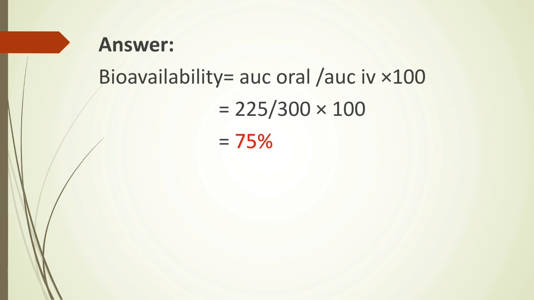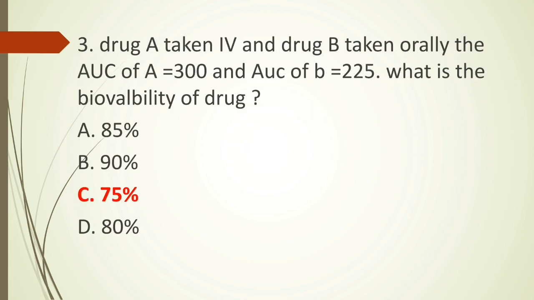So here you have to remember the equation: bioavailability is equal to AUC oral divided by AUC IV into 100. So here the correct answer is option C, 75%. So that's about the third question.